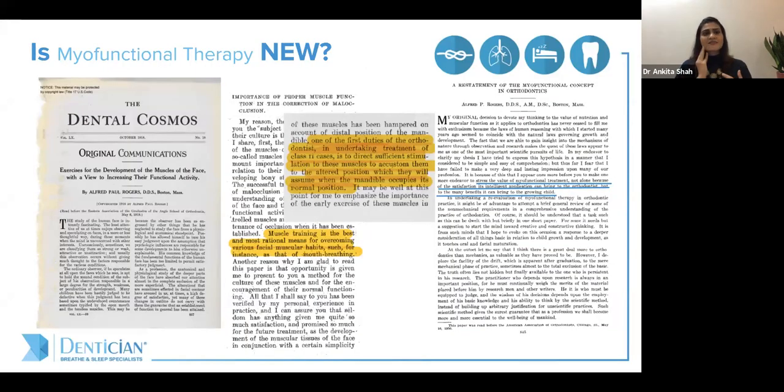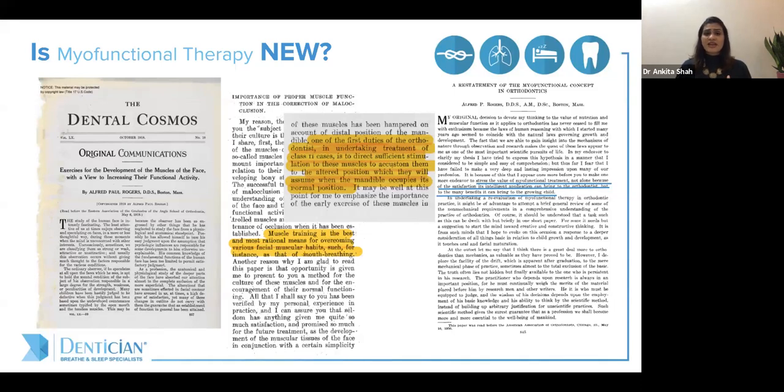So is this myofunctional therapy concept new? Not really. In 1918, Alfred Rogers had mentioned that there are facial exercises which are important for improving the functional activity. And he stressed that we should concentrate on the facial development rather than mechanical orthodontia alone.